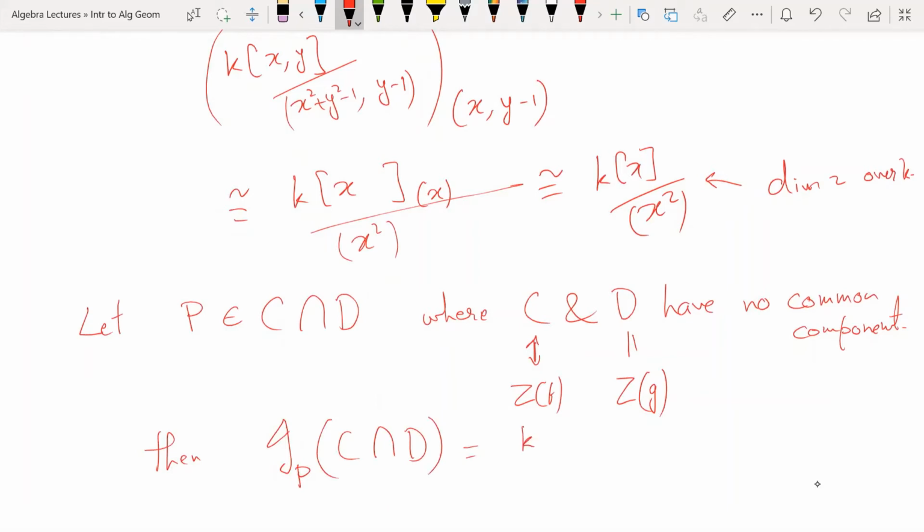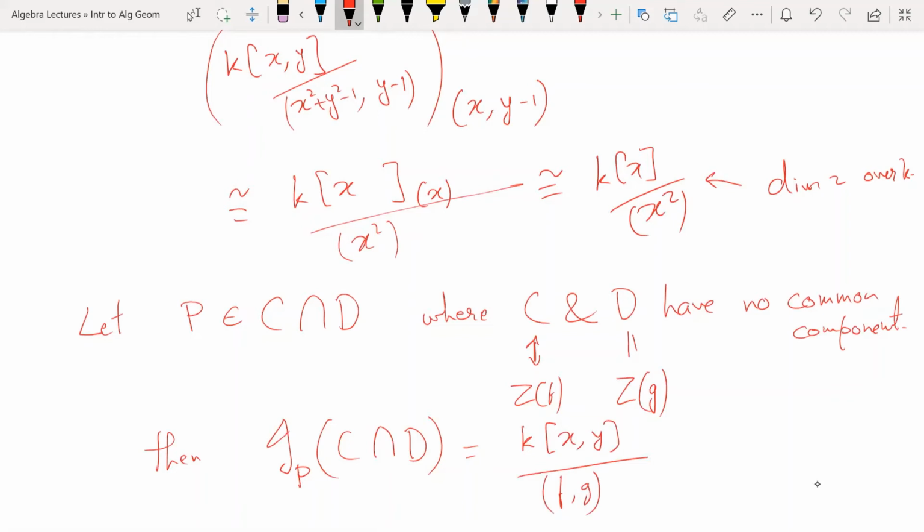You can think of C and D as affine curves, because you are only worried about a point, so you can always remove some line at infinity and get to that point. So this is k[x,y] mod (F, G), and you localize at that point.